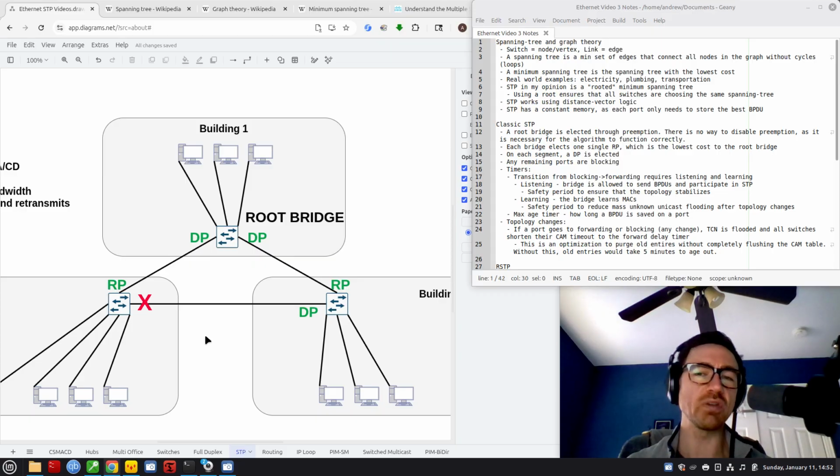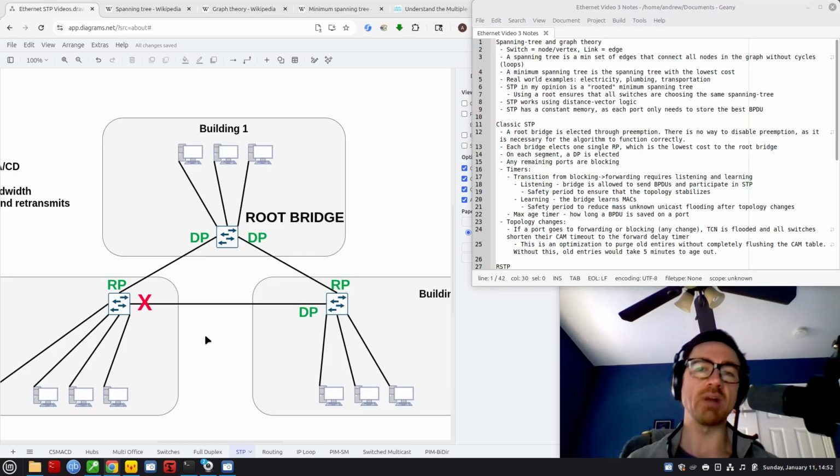So in spanning tree, there's only two types of BPDUs. There's a configuration BPDU that the root bridge originates, and there's a topology change notification BPDU, which a switch originates when it has a port go up or down. And that switch will flood it towards the root, and then the root will set a topology change flag in the configuration BPDU to let all switches in the whole topology know that, yeah, topology change has happened.